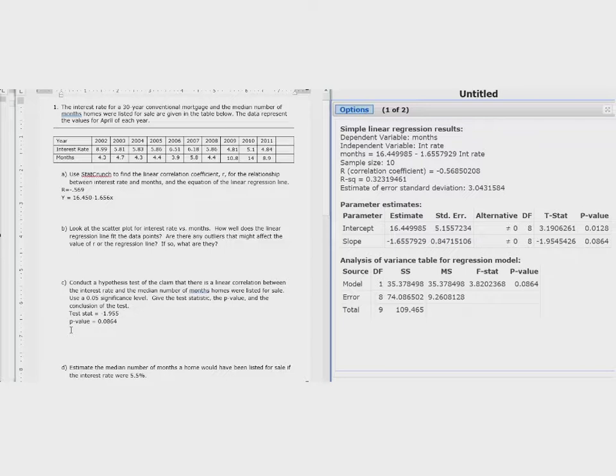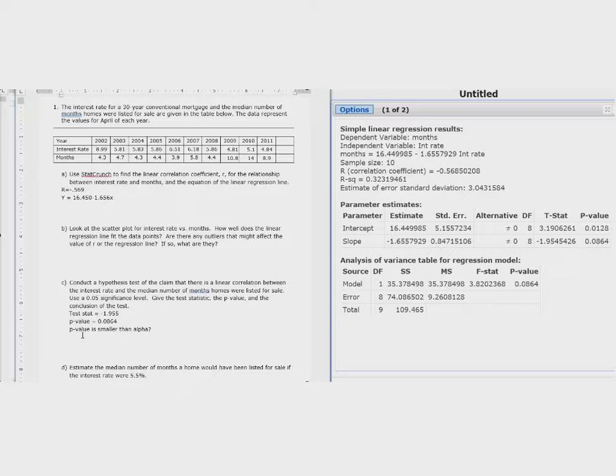Okay, now for the conclusion, and this is where it's easy to get mixed up, I know. This told us to use a 5% significance level, so a significance level of 0.05. What we're testing is whether the p-value is smaller than the significance level, so if it's smaller than alpha.